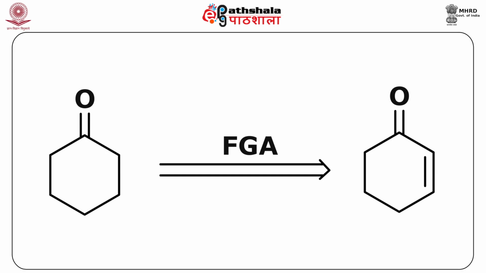Here we can see that the single functional group in cyclohexanone is the carbonyl group, which gets converted by functional group addition to two functional groups. One is the ketone and another is the double bond at the conjugated position. There is an additional functional group, that is the alkene, which has been added. So, we call this the functional group addition approach.